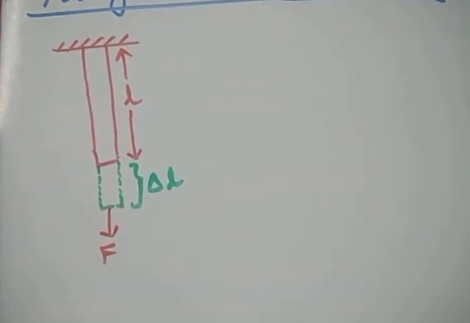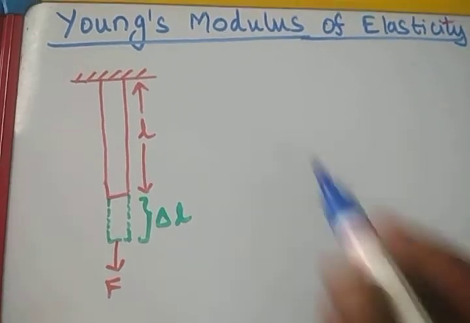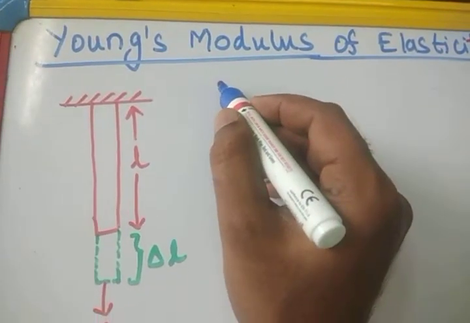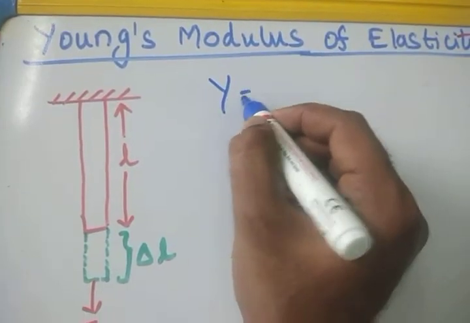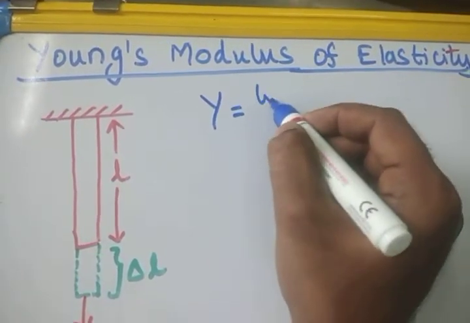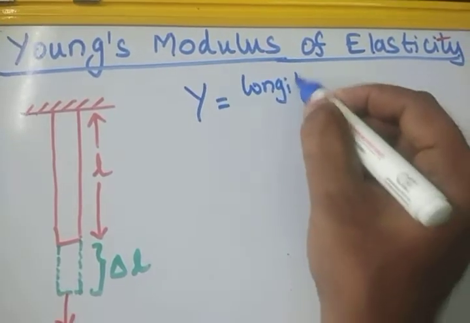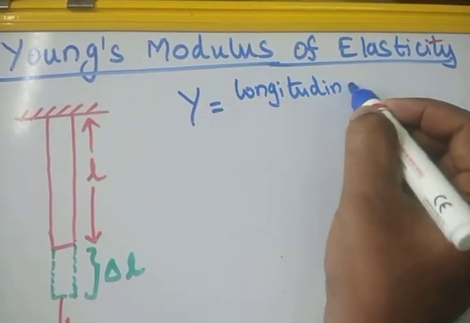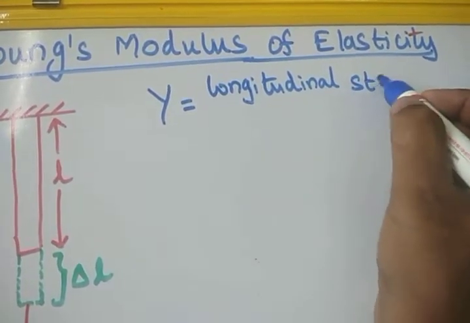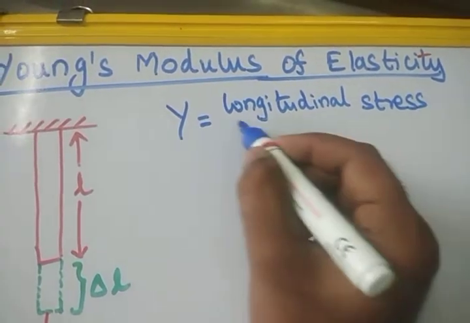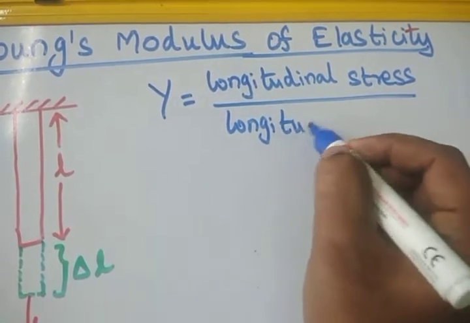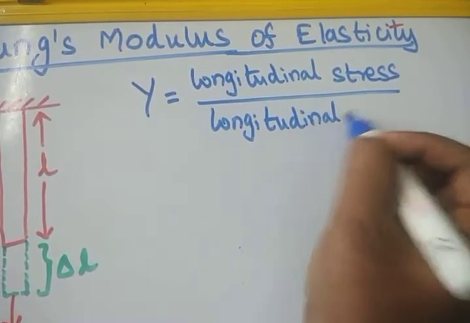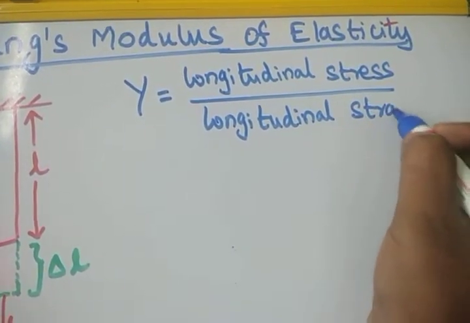So Young's modulus can be written with the symbol Y. Young's modulus is equal to longitudinal stress by longitudinal strain. Longitudinal means linear, lengthwise.